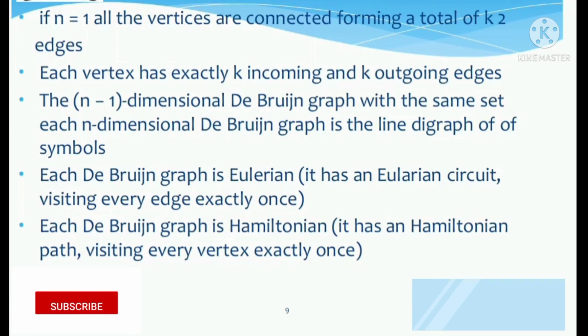In basic terms, we can recall the definition. Next, each de Bruijn graph is Hamiltonian, which means it has a Hamiltonian path visiting every vertex exactly once. Again, we can recall the definition.